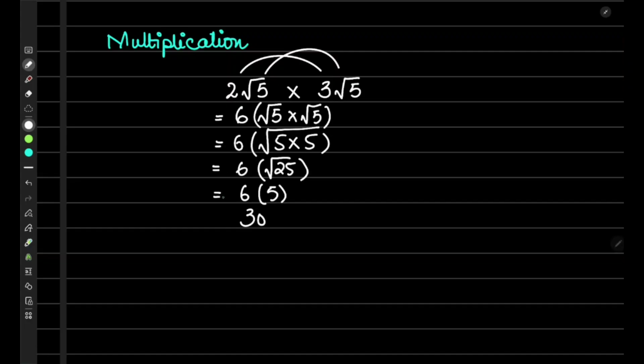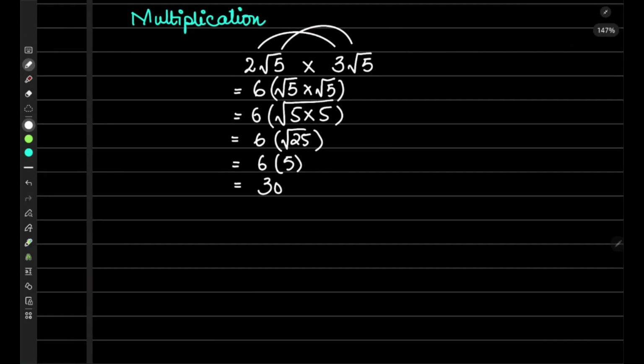Now the next thing is, what if you have 2 root 3 times 4 root 5? That means you have uncommon surds.